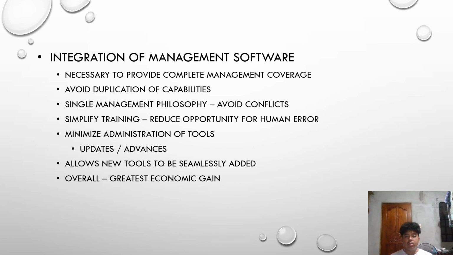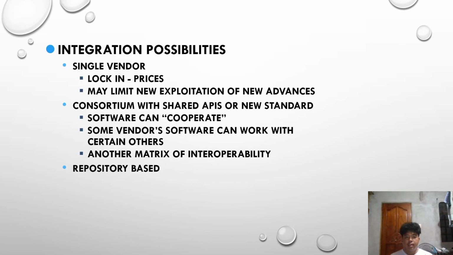Integration of management software. Integration of management software is necessary to provide complete management coverage, avoid duplication of capabilities, single management philosophy, avoid conflicts, simplify training, reduce opportunity for human error, minimize administration of tools, updates or advances, allow new tools to be seamlessly added, and overall greatest economic gain.